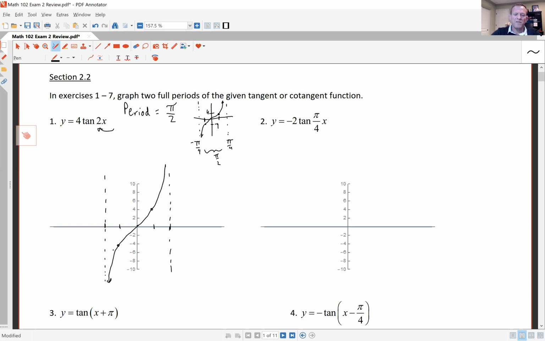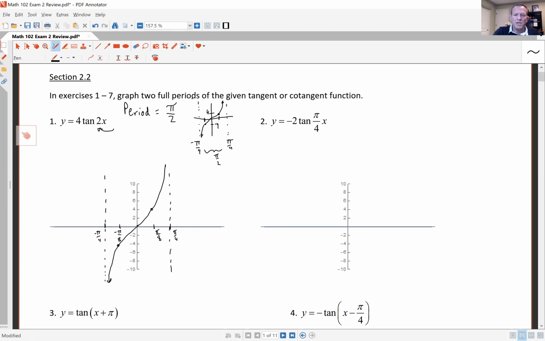I want you to mark off the axes. This we said was pi over 4, which means this is pi over 8. Sorry, this one's negative pi over 4. And this one's negative pi over 8.